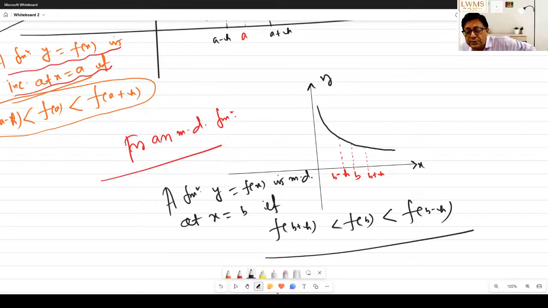You can change this approach: f(b minus h) is greater than f(b), which is greater than f(b plus h). Same thing. The function is monotonically decreasing.